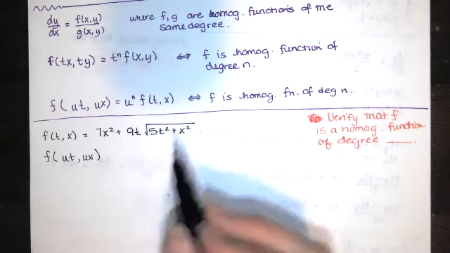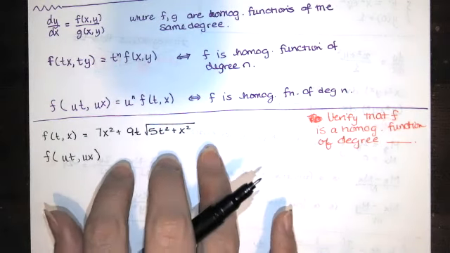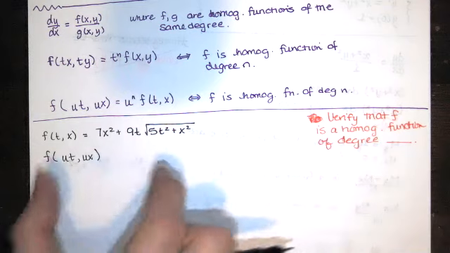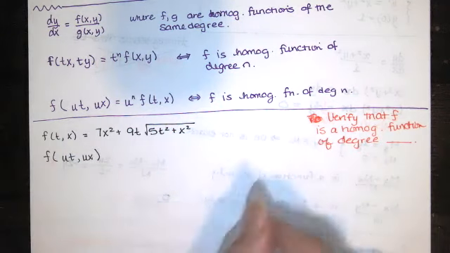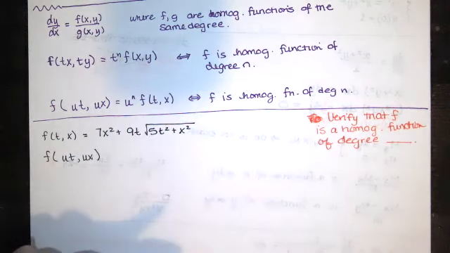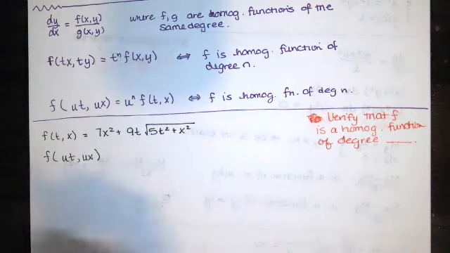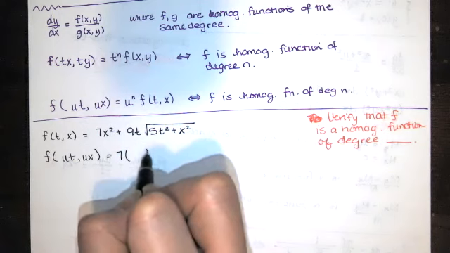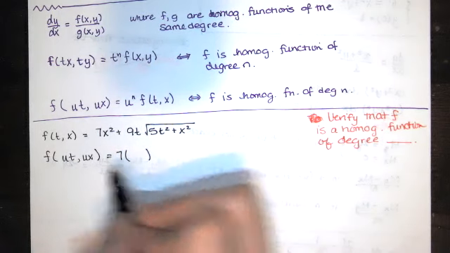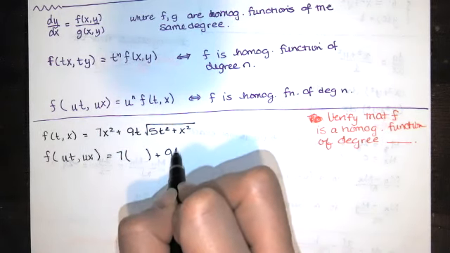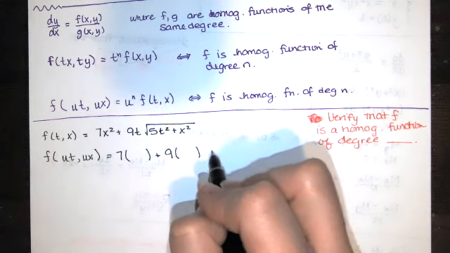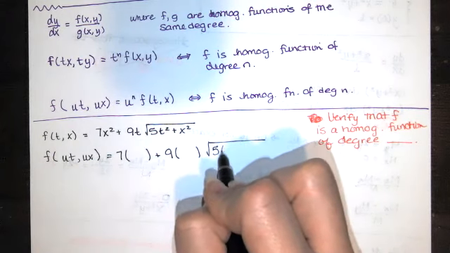If we can factor out a power of u when we're done, and we are left with the original function times that power of u, then it's a homogeneous function of that degree. So we're replacing x with ux, and we're replacing t with ut.